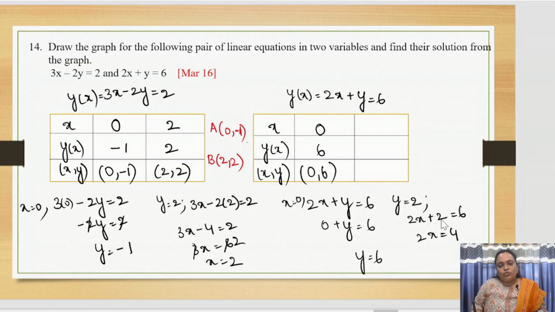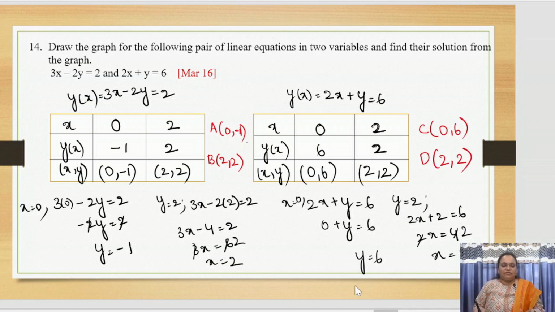I am sending this 2 to RHS, which is 4. You will get 2 ones and 2 twos, which is x is equal to 2. When y is 2, you will get x is 2. Okay. Which is 2 and 2. We can take the points as C of 0 comma 6 and D of 2 comma 2.